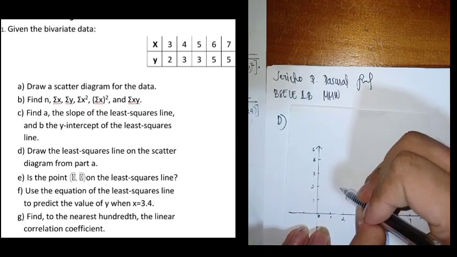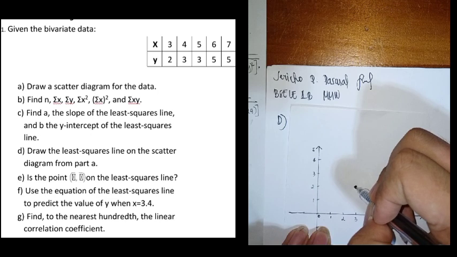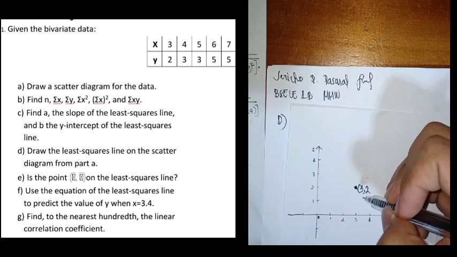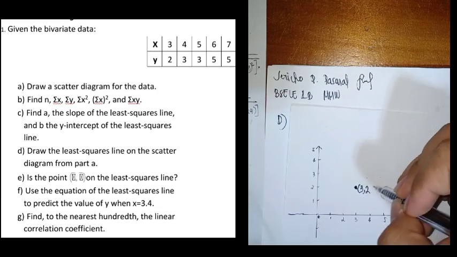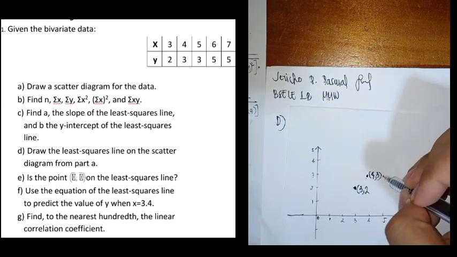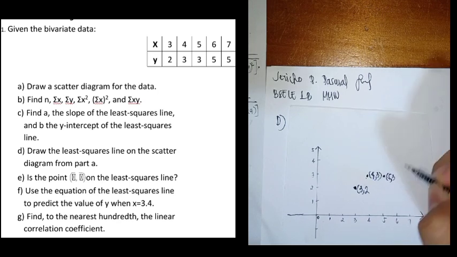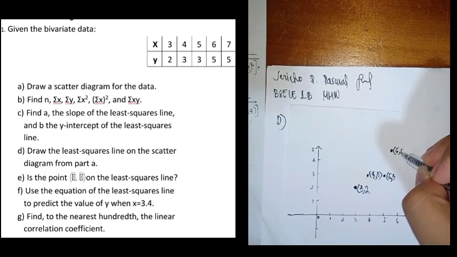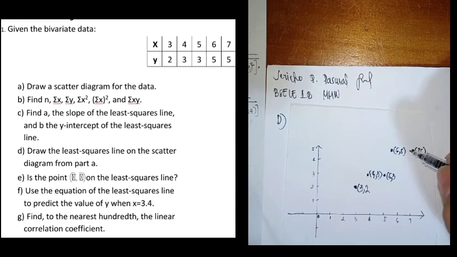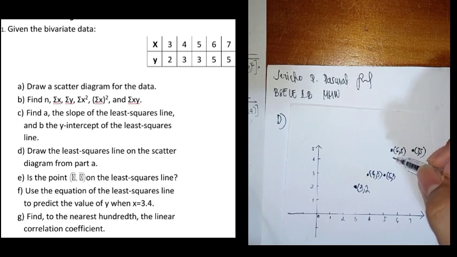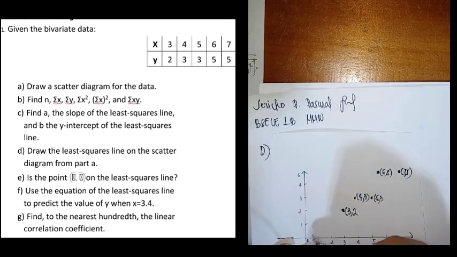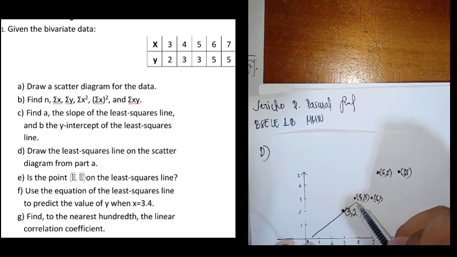So we have 3 and 2, then 4 and 3, 5 and 3, 6 and 5, and 7 and 5. Then draw the least square line on the scatter diagram. All we need to do is draw a line from here to there.